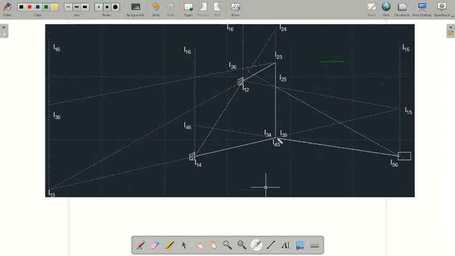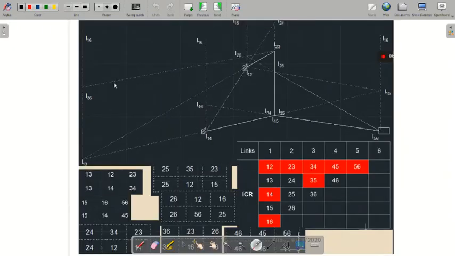Now I am extending the I34, I14 line like this, and both the lines are intersecting at this point, and we got I13. Similarly, we are going to get the remaining points also.